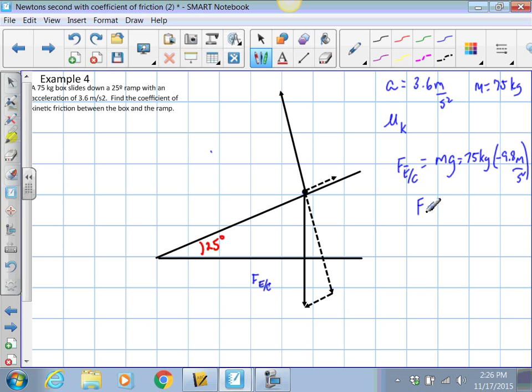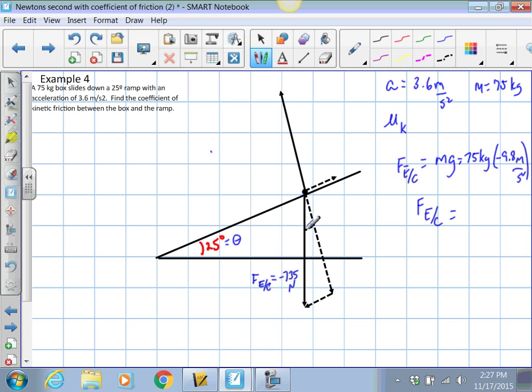So force earth on crate is equal to negative 735 newtons.